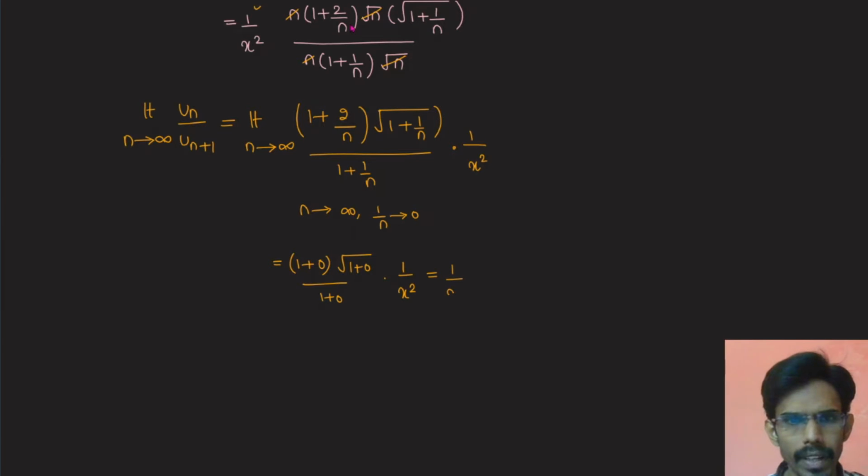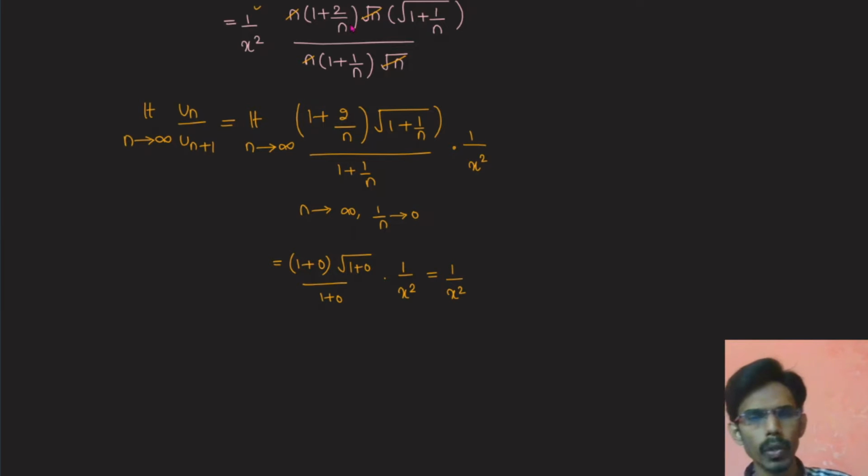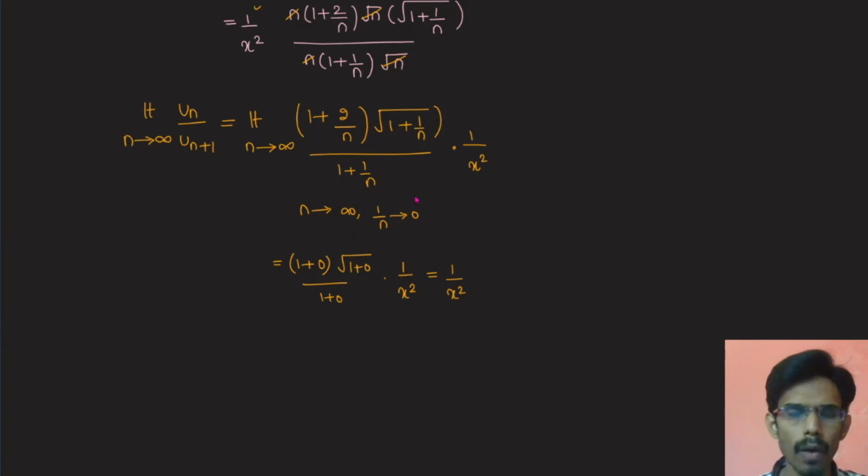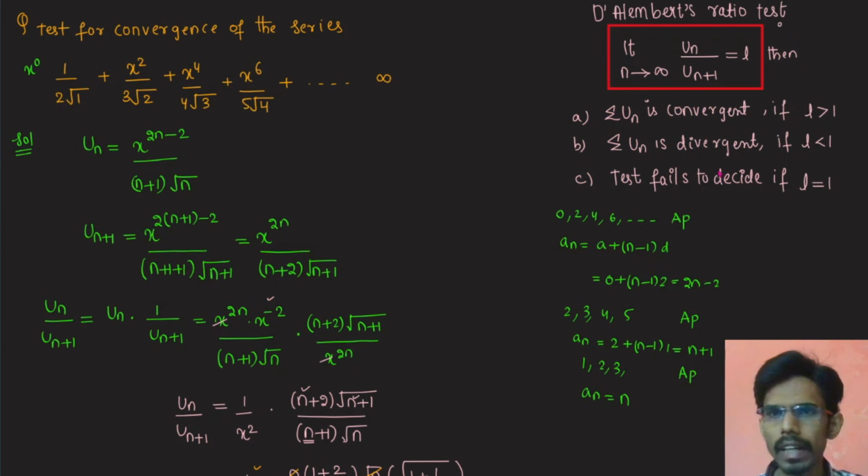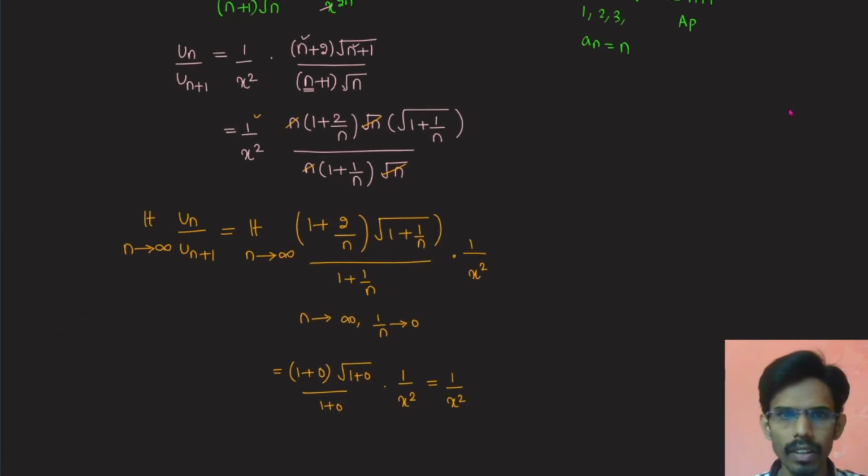We have 1 by x square as the limit of this ratio un by un plus 1. Now we know that by D'Alembert's principle, sigma un is convergent if this ratio L is greater than 1.